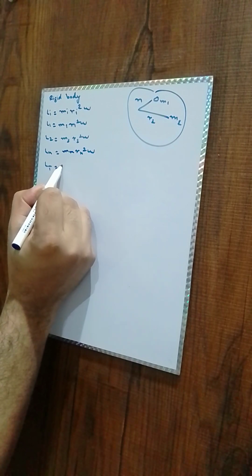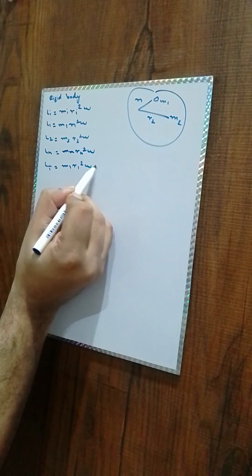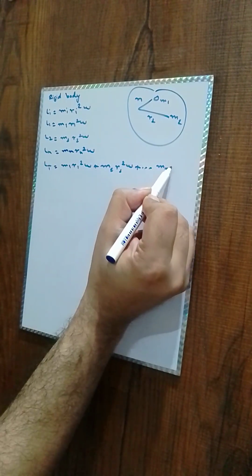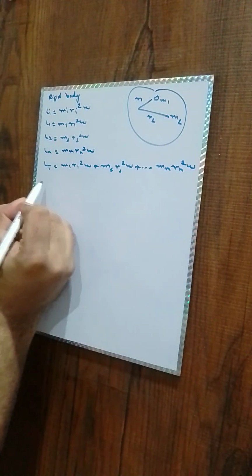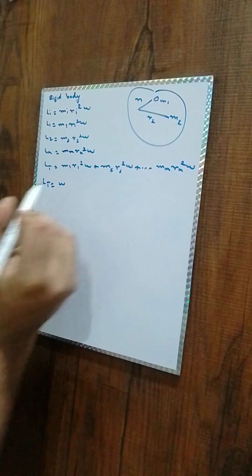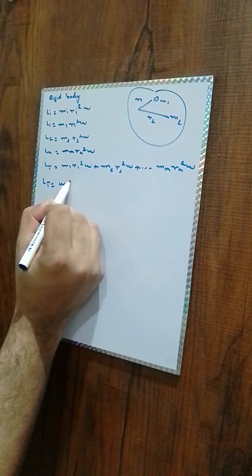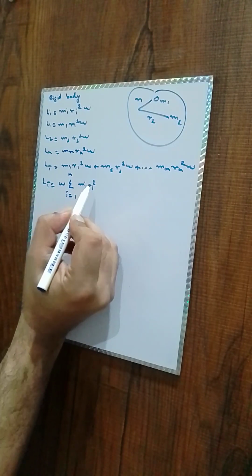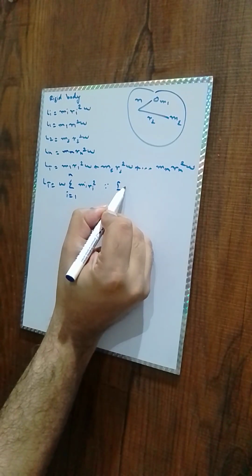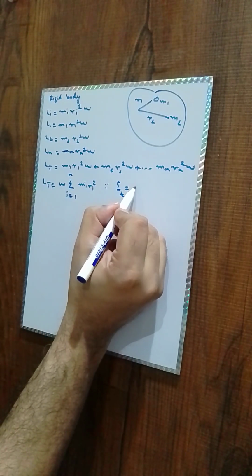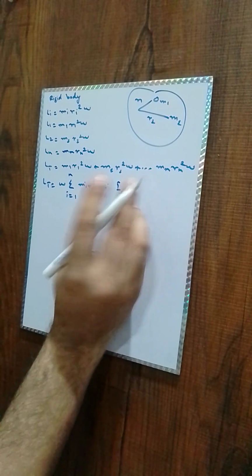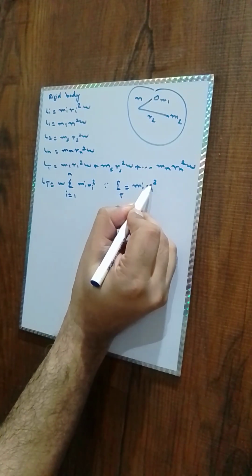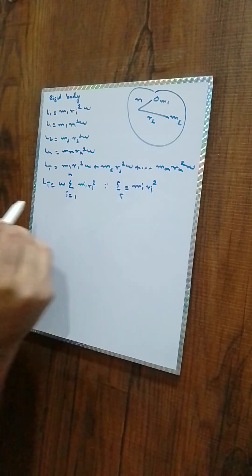And in this case, the total angular momentum would be m1 r1 square omega plus m2 r2 square omega plus up to mn rn square omega. So L total is equal to omega, the angular velocity taken out, and the summation i is equal to 1 up to n of m_i r_i square, yes, and I total is equal to the summation of m_i r_i square.